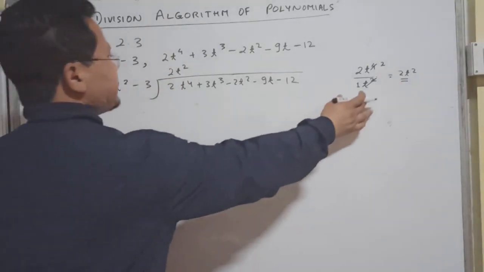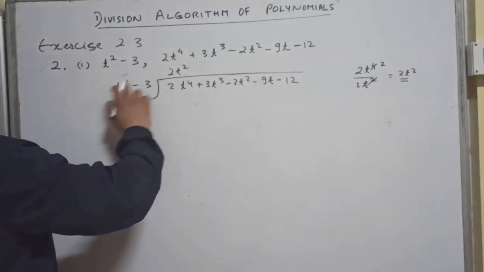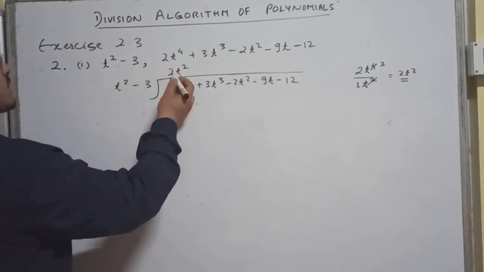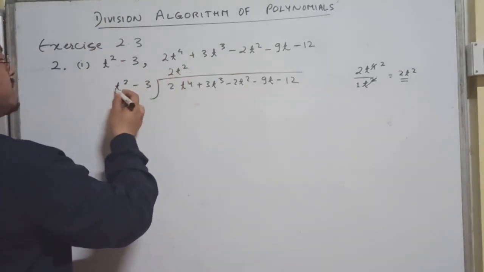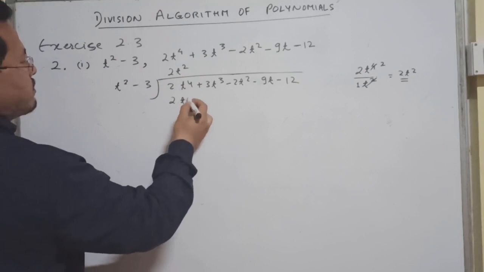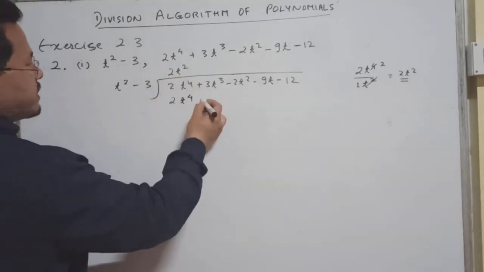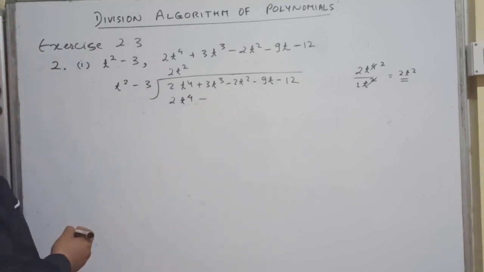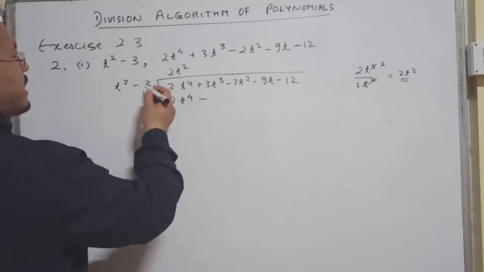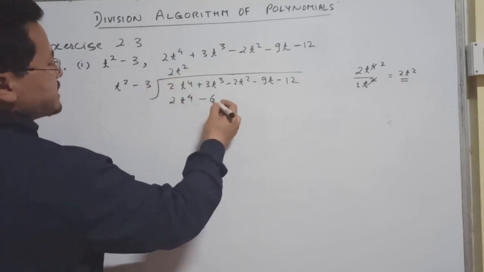Now I'll be directly writing what it becomes. So 2t square into t square is 2t power 4. We have a minus and we have a plus, so we get minus, and 2t square into 3 is 6t square.